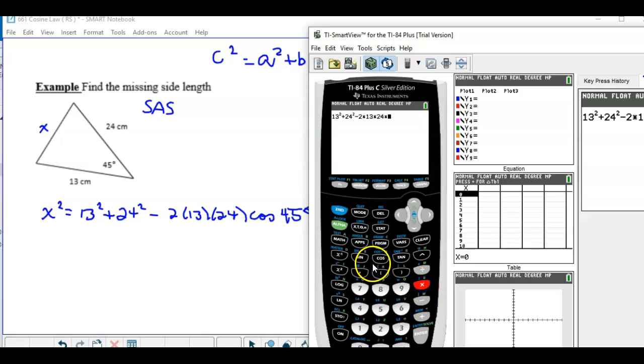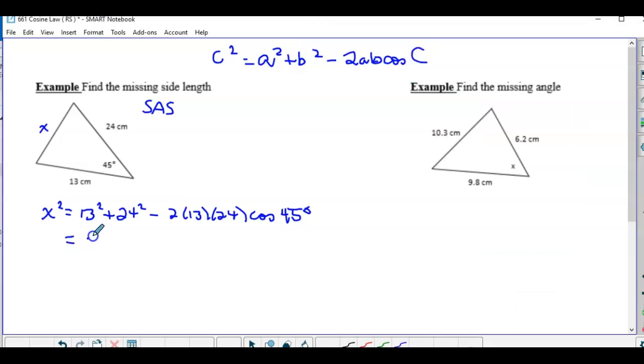And then times cos of 45. Close the brackets, enter on that. Okay, you're not done. 303.765. Okay, that's x squared. So now x is the root of that.